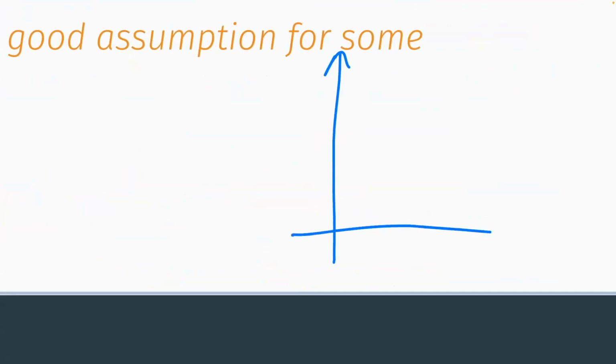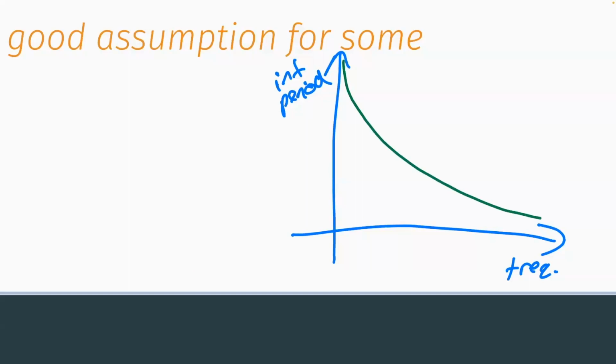If we thought about their infectious period, so how long they spend infectious, and we think about number of individuals. So let's put this down as the frequency of individuals. Because this is exponentially distributed, you'd have a curve that looks something like this.